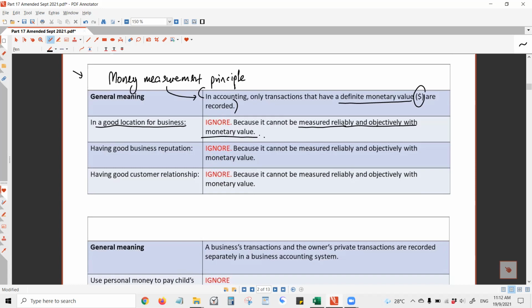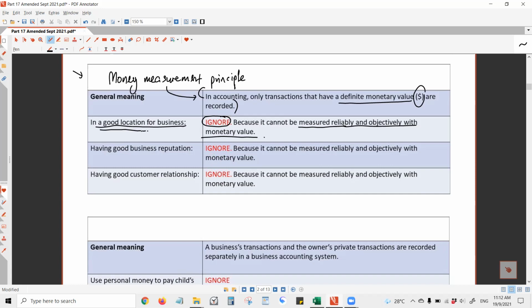You cannot tell people how much it is worth for being in this location. So this is something you ignore in accounting, in order to comply with money measurement principle. You don't put this into your accounting. Being in a good location.